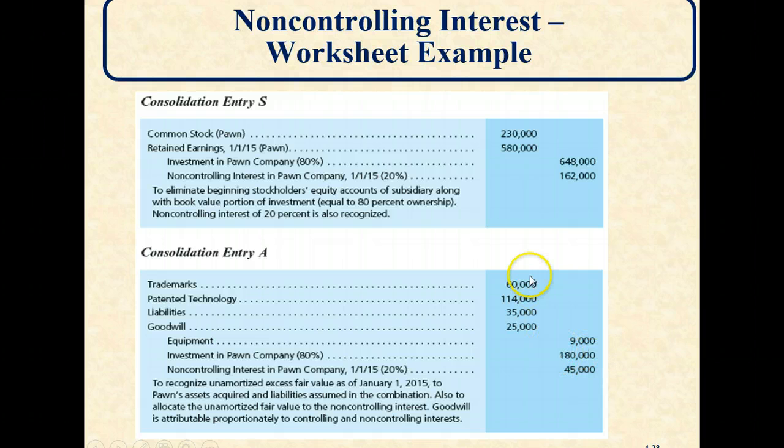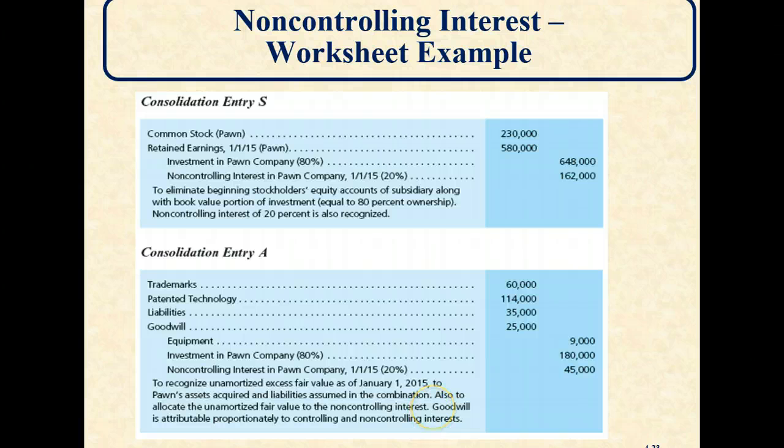So basically what we're doing here is showing this excess accumulation, the 235, remember that figure? We're taking 80% of it and applying it to Pawn to wipe out that investment section for Pawn. And then we're taking 20% and applying it to the non-controlling interest.